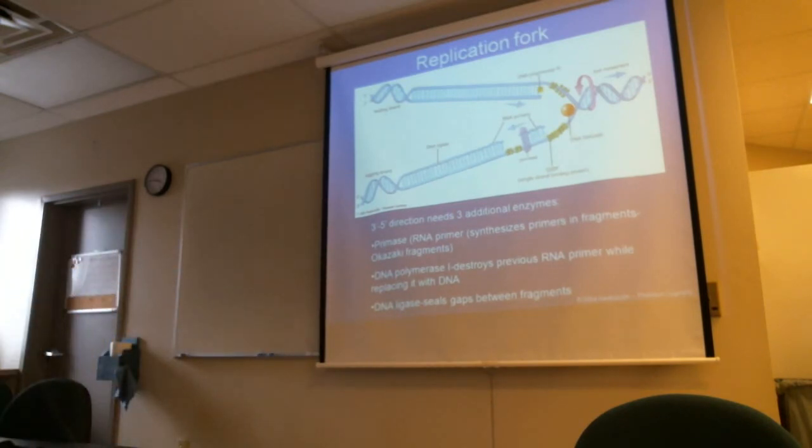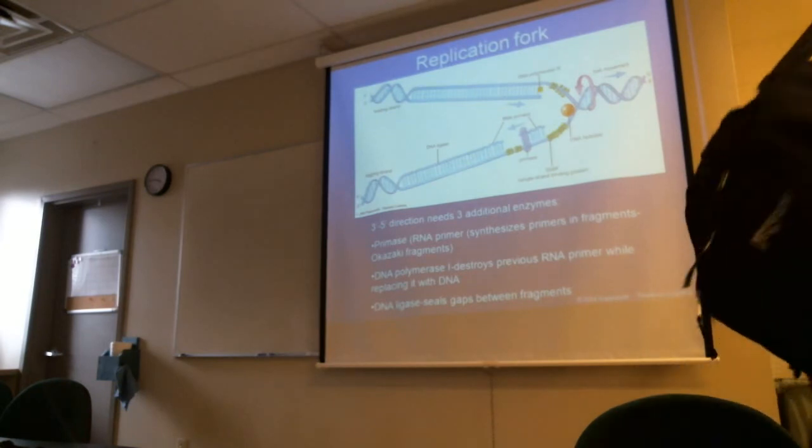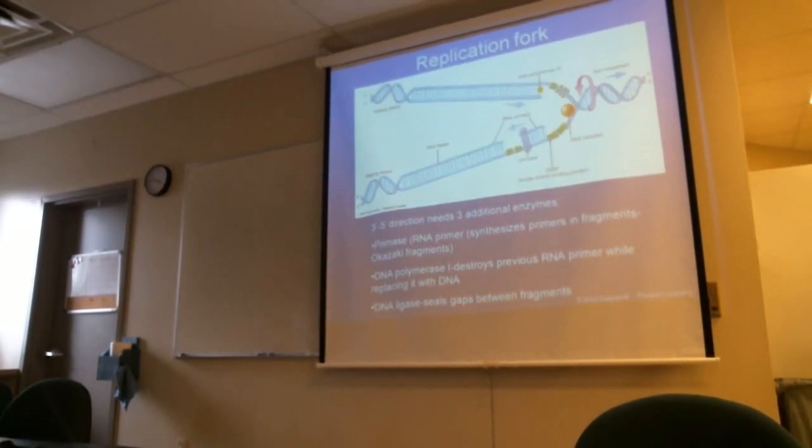Actually, in the leading strand, there is a primase that comes in right at the beginning, just to get it started. And then DNA polymerase 1 destroys that RNA and cleans it out. But the lagging strand is the one that has the problems.